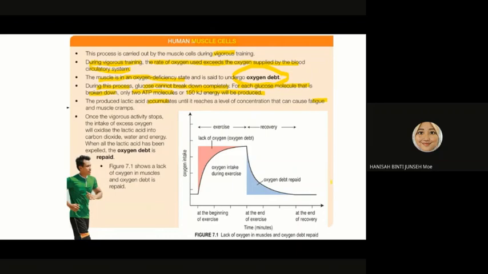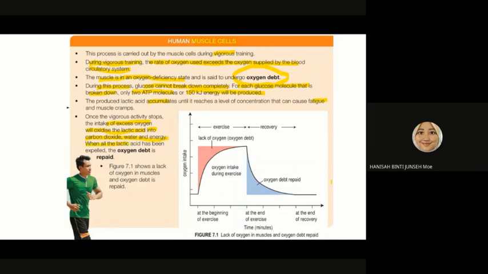Tapi kamu perasan tidak, after sometimes, rasa lengu-lengu bila kamu rehat, when you take a rest, and then the fatigue itself, the muscle cramp itself, gone, hilang. Kenapa? Okay. Once the vigorous activity stops, the intake of excess oxygen will oxidize the lactic acid into carbon dioxide, water, and energy.